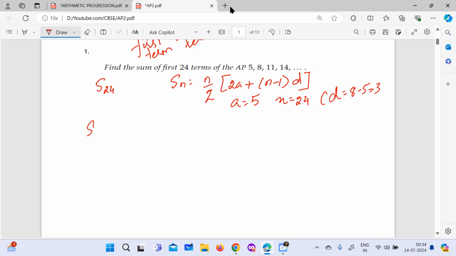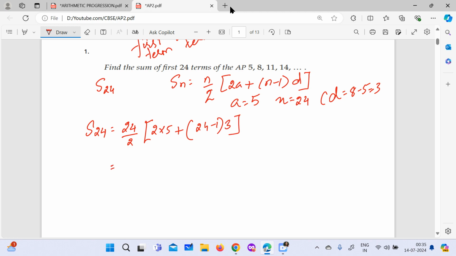So we will find now the sum of first 24 terms. Now 2 times 5 plus (24 minus 1) times 3.